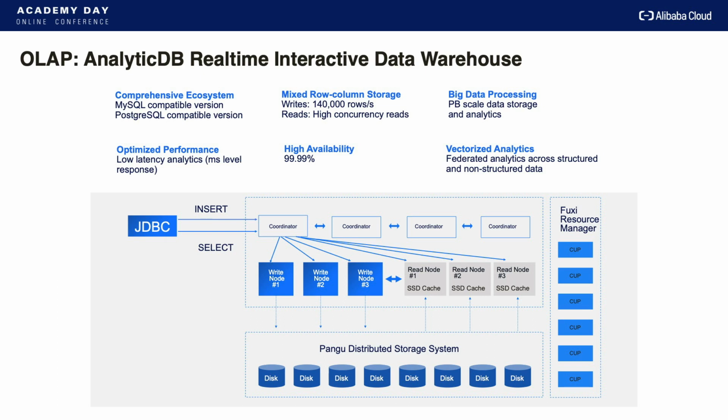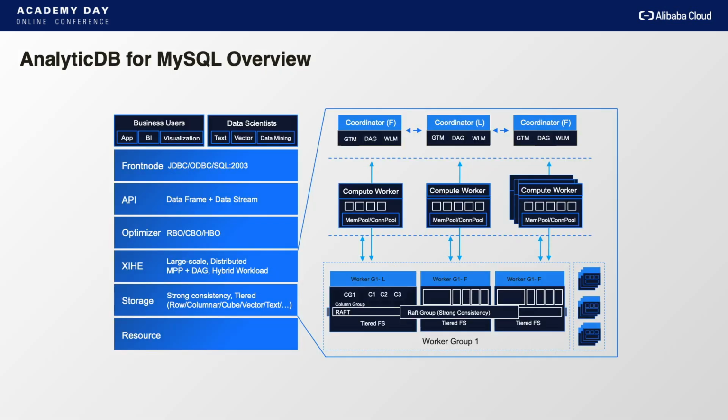We offer a 99.99% high availability SLA, and the ADB is capable of handling PB scale data for both storage and analytical purposes. Let's dive in to look at the architecture for AnalyticDB in a little more detail.